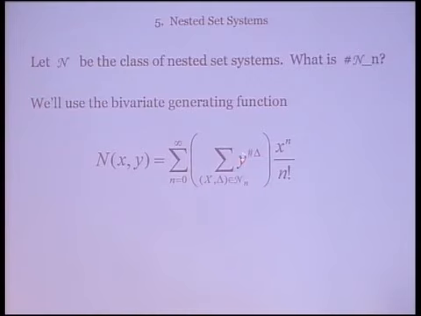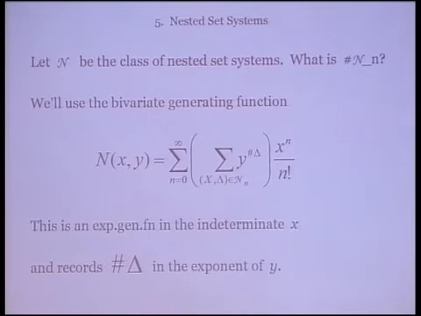So at y equals 1, this reduces to the cardinality of the set of nested set systems with n vertices. But it'll be useful for the recursions that I'm going to derive to have a different variable there. Okay, so that's just saying what I've said.